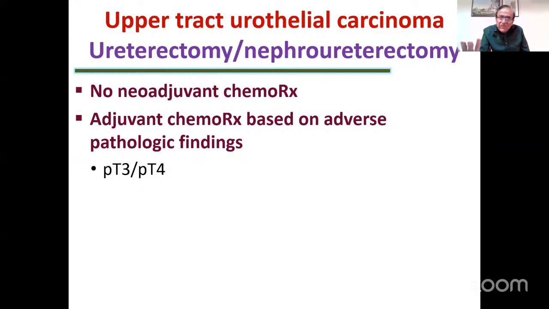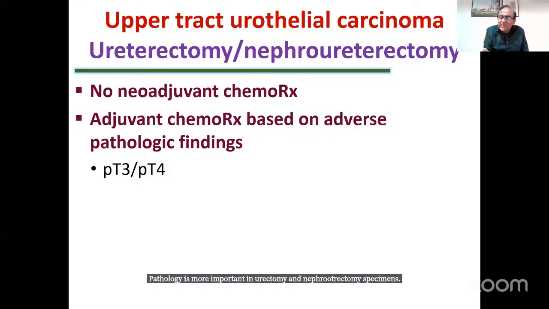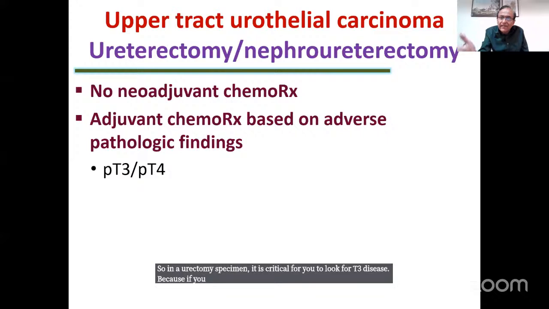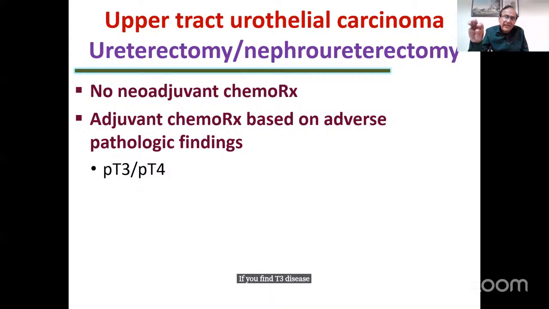In contrast, pathology is more important in ureterectomy and nephroureterectomy specimens, because in these patients do not get neoadjuvant chemotherapy. In a ureterectomy specimen, it is critical for you to look for T3 disease, because if you find T3 disease, which is a renal pelvis tumor invading the renal parenchyma, that patient would get chemotherapy.